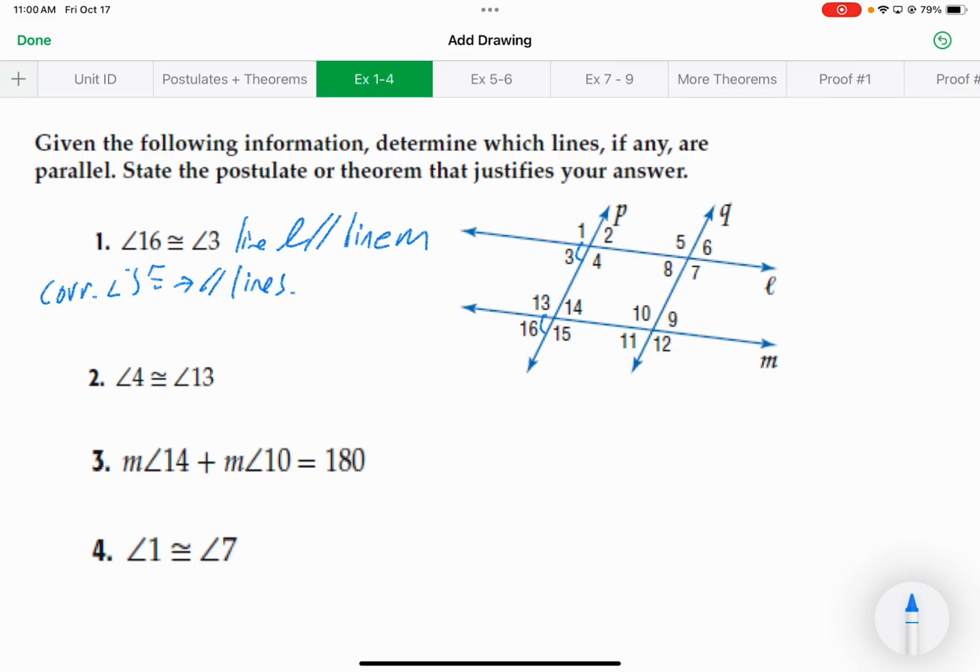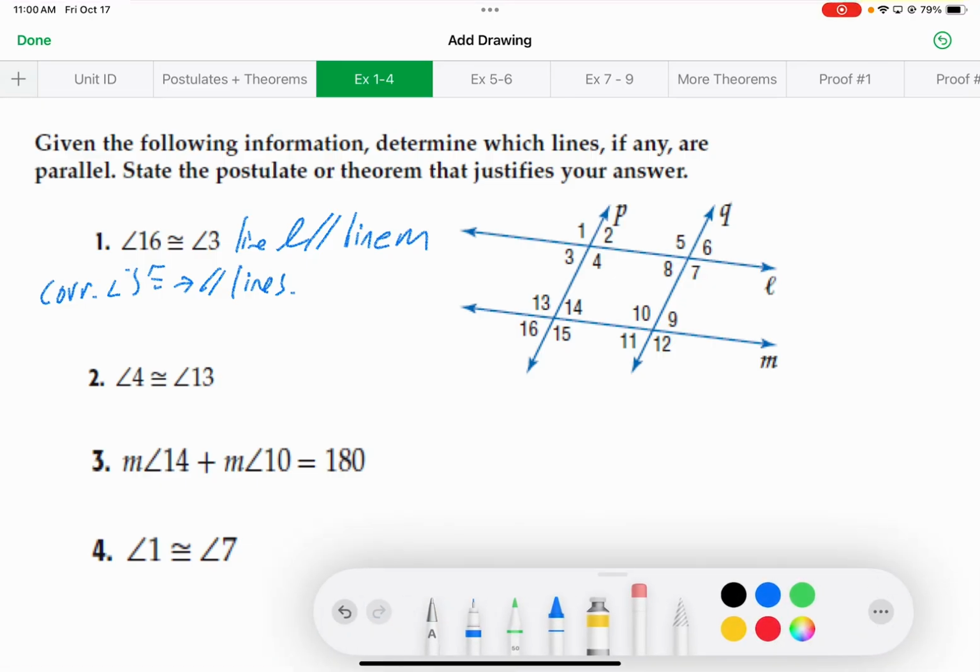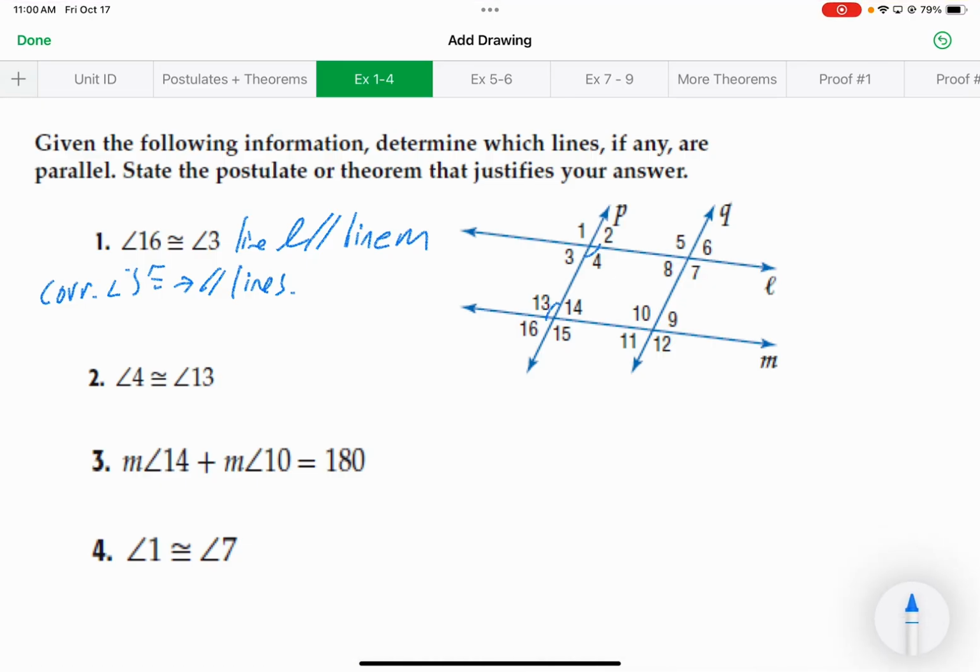Okay. All right. We reset the clock. Now we look at 4 and 13. What type of angles do I have with 4 and 13? Alternate interior. Okay. Well, that's good. So what lines would I get parallel if I know 4 and 13 are congruent?